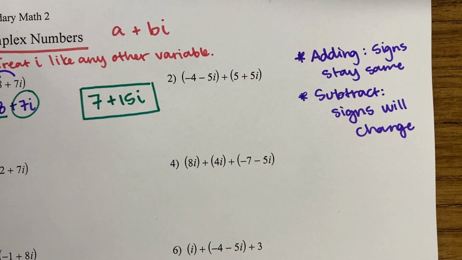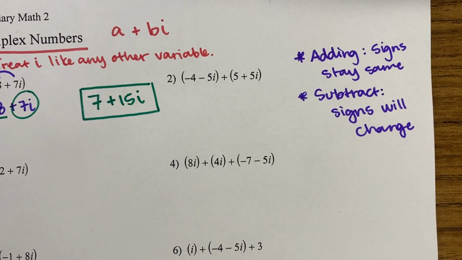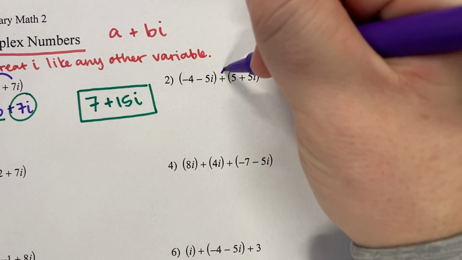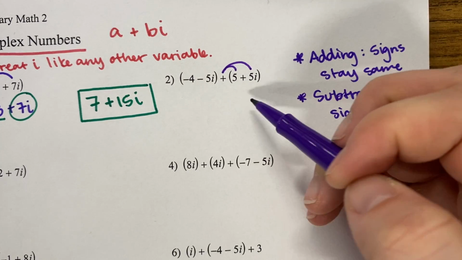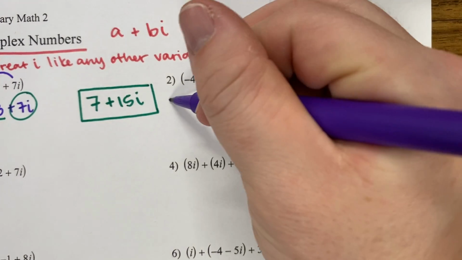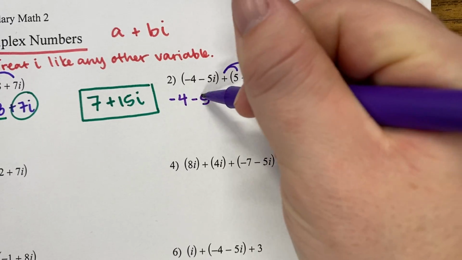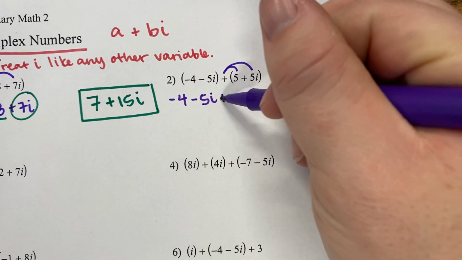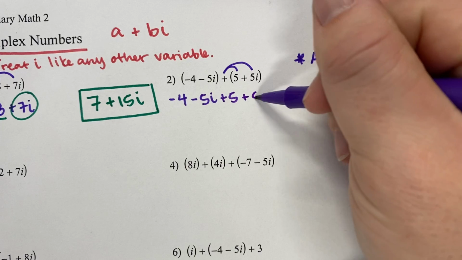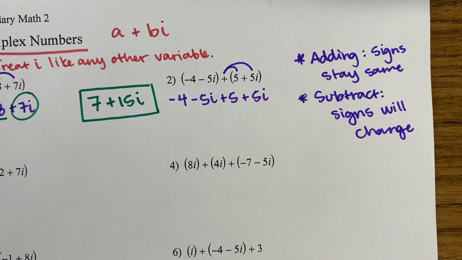Okay, number 2. So we are adding again, which means the sign after the addition sign stays the same. So the first guy will always just be the same, -4 minus 5i, keep the same signs, so positive 5 plus 5i. And now I combine like terms.